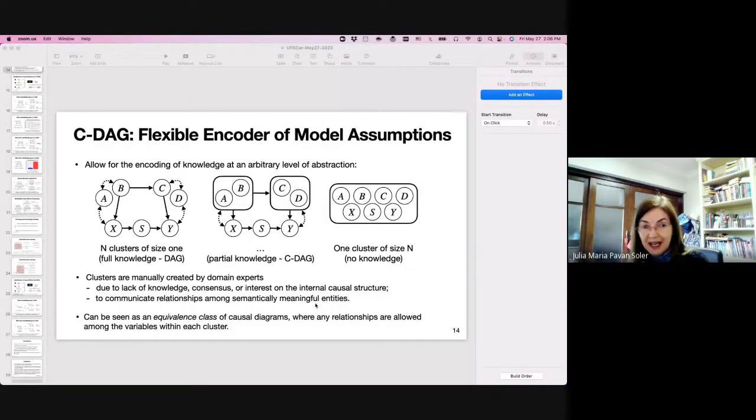When you don't have information about the variables included in the cluster, you can search your observable space, but including information about latent clusters. I think it is a very flexible manner to learn these graphical models.